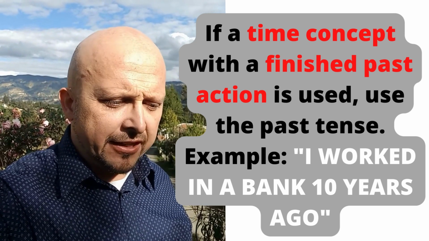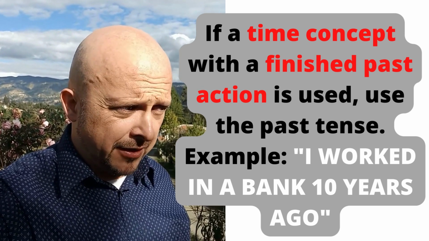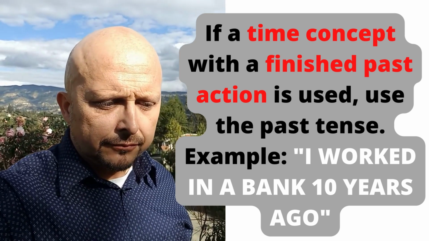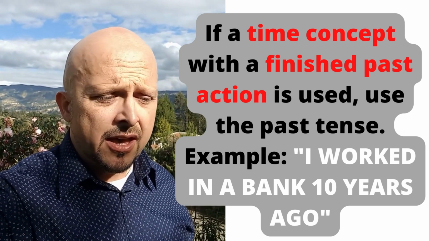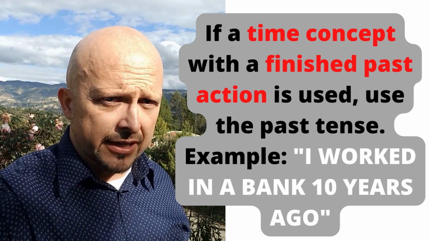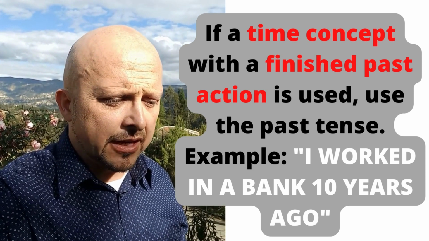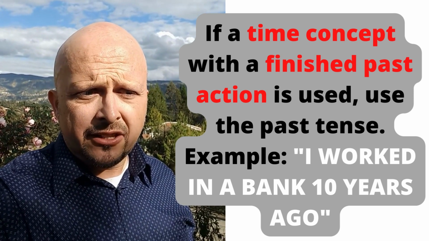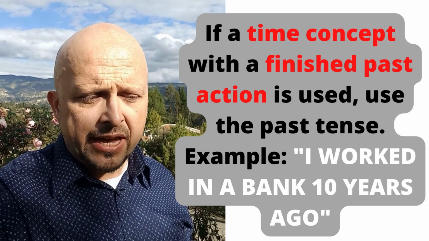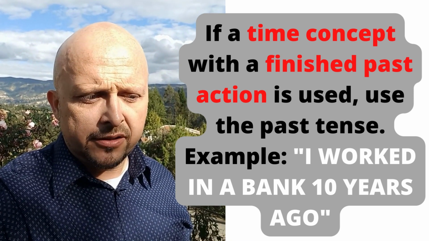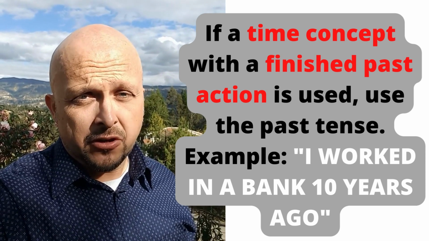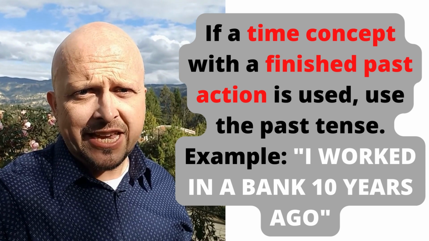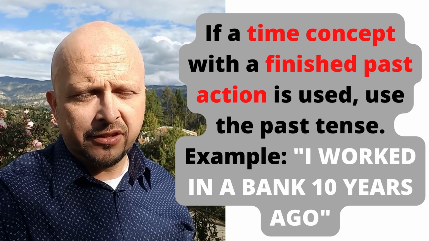Similarly, if I indicate another type of time concept, for example, the year, I would use the past tense. I can't use the present perfect tense. So for example, I could say, I worked in 1997 in a bank in France. Actually, the correct sentence should be, I worked in a bank in France in 1997.